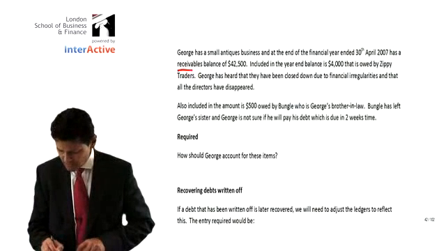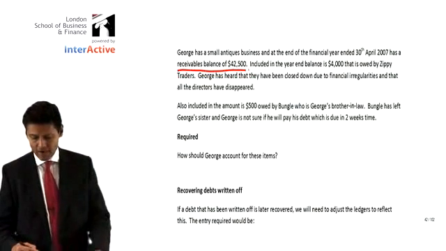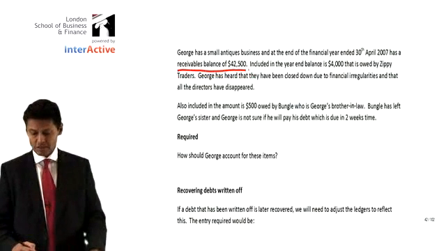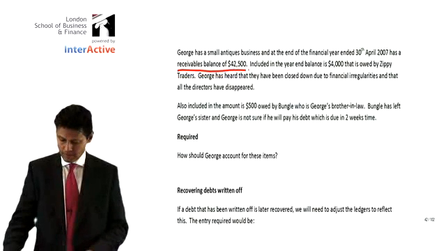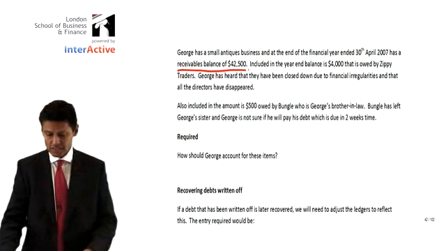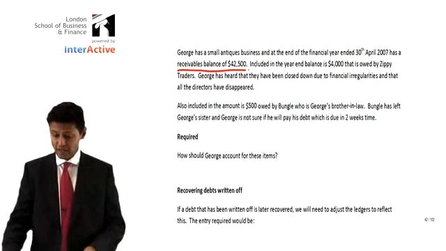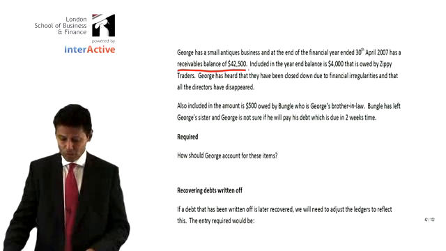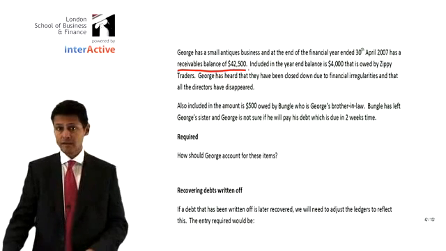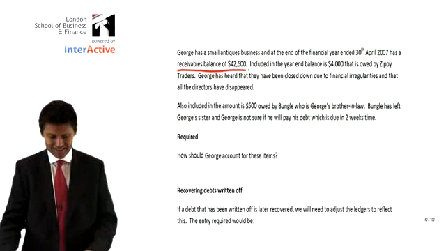Included in the year-end balance is 4,000 that is owed by Zippy Traders. George has heard that they have been closed down due to financial irregularities. Oh dear. And that all the directors have disappeared. This gets worse.